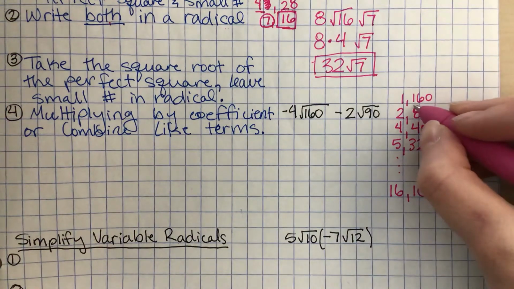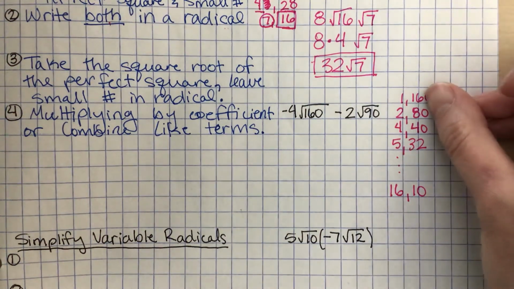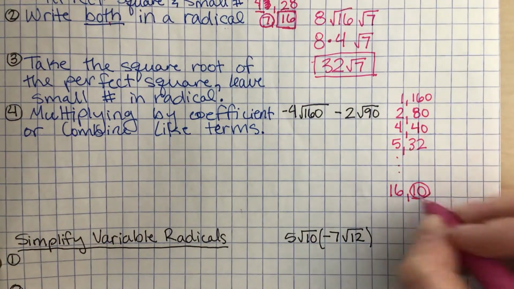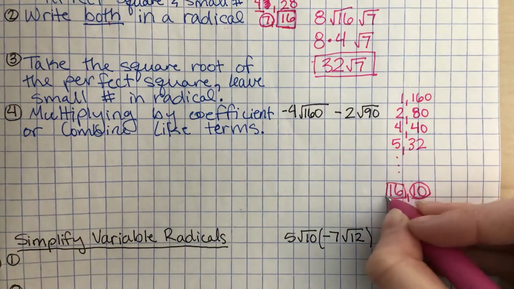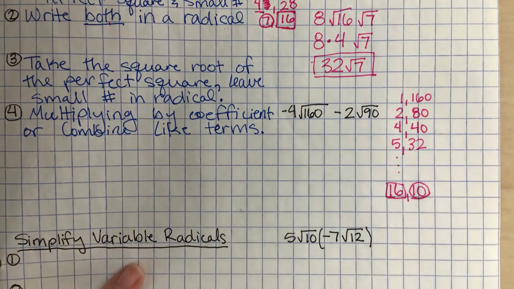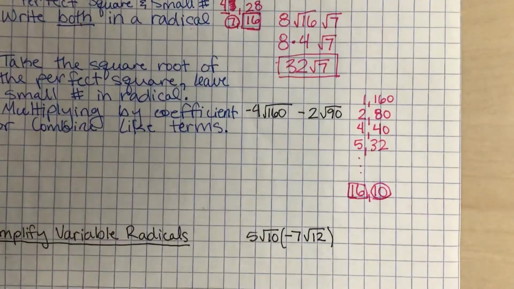In other words, 160 with one less zero is a perfect square. And I know 10 is going to be okay because 10 is a very small number. It doesn't have a lot of factors. So we like that set. Now, let's take a look at 90. What happens when we try and factor 90?